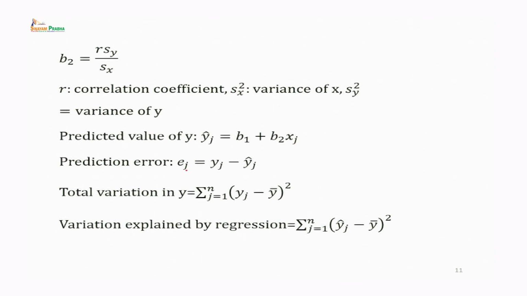Prediction error is e j equal to y j minus the predicted value of y. Now, the total variation in y: you take y j, subtract the corresponding mean, take the square of this and take the summation over j. This is the total variation of y's.